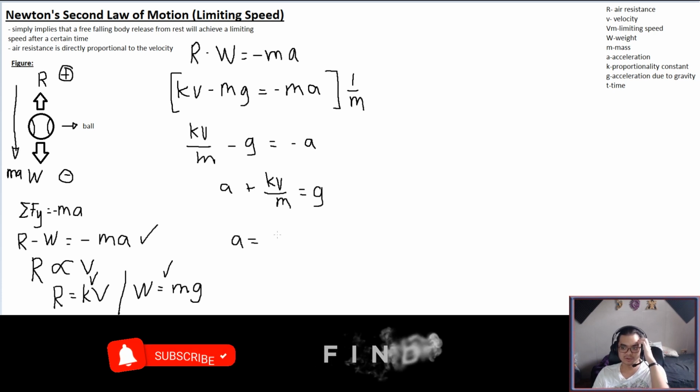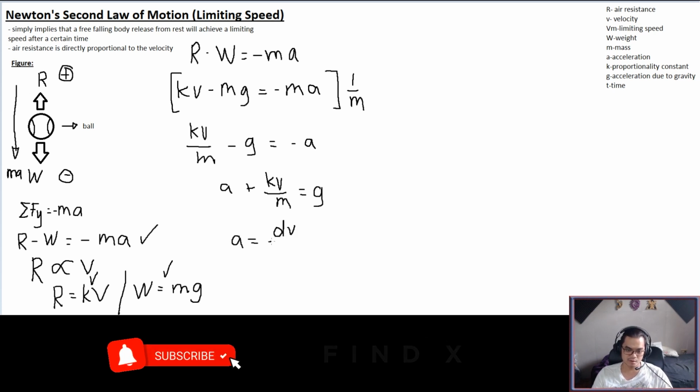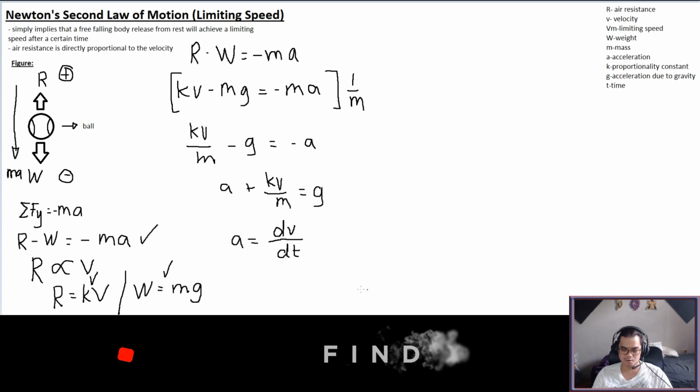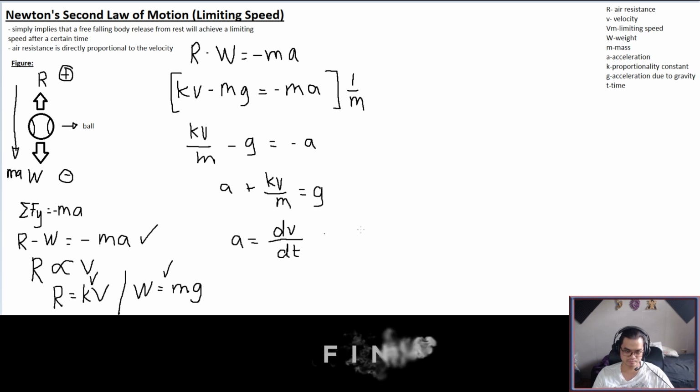This is the change of velocity with respect to time, or velocity over time. So we can also say that this is dv over dt. I hope you all remember this one. That is just a recall in differential calculus.